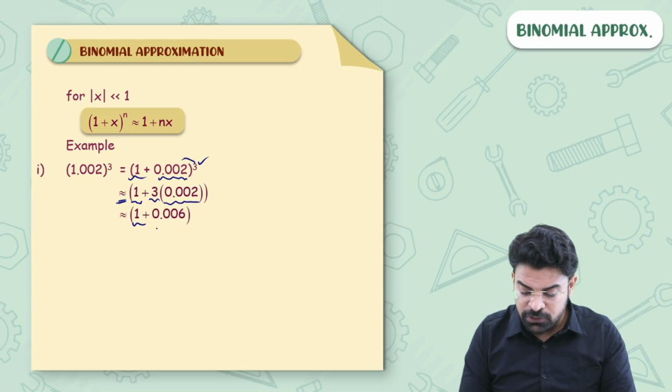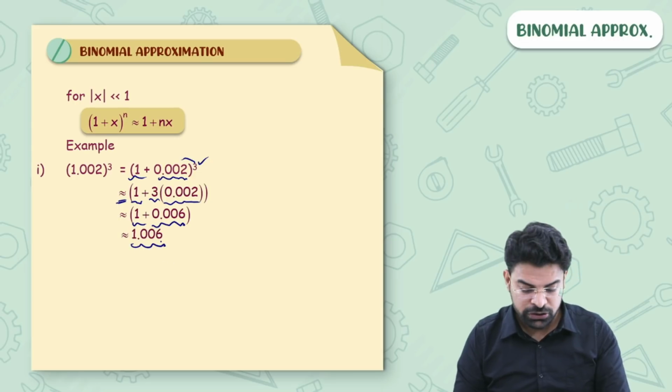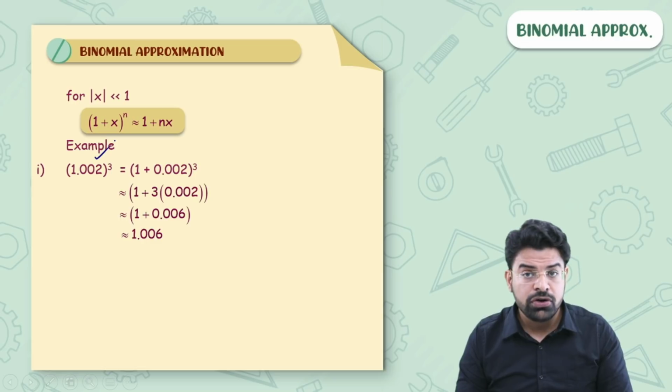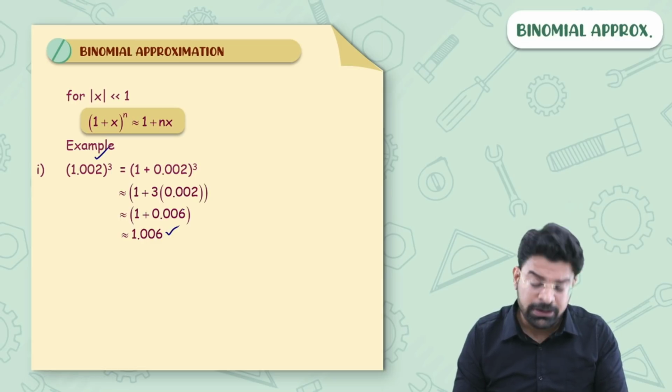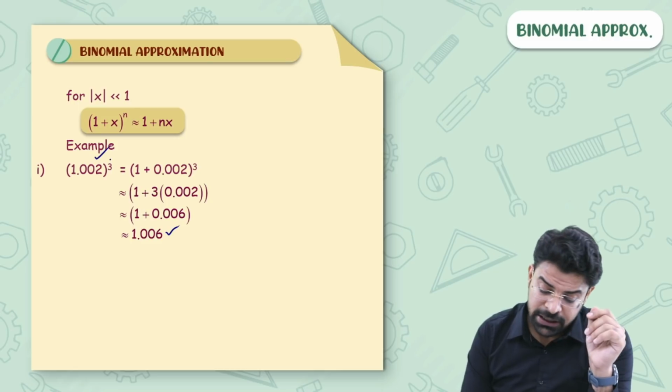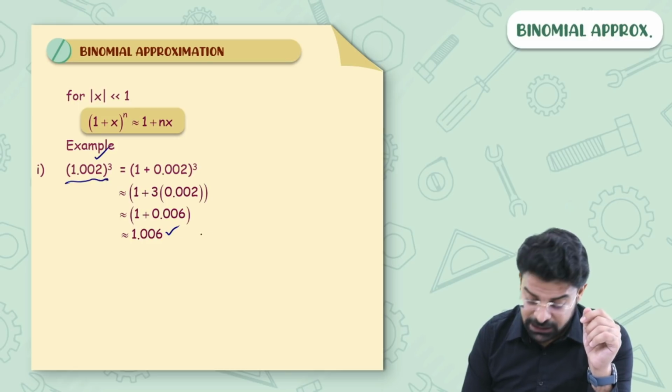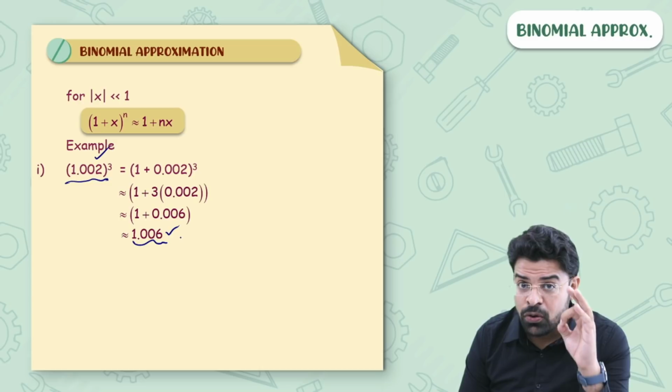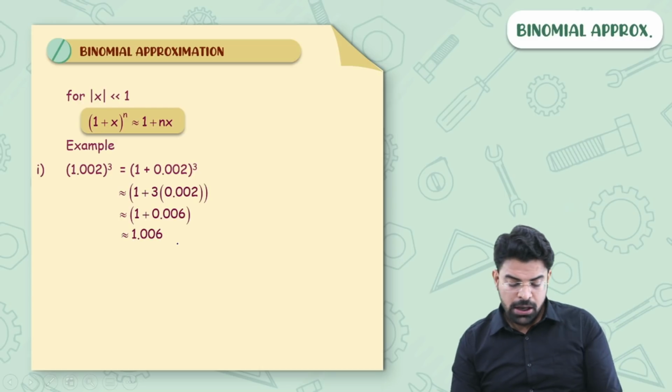So that becomes 1 plus 0.006, and that is nothing but 1.006. Hence, 1.002 whole cube can be said to be approximately equal to 1.006. If you don't have faith, take out your calculator and calculate this, and you will find this to be a really good approximation.